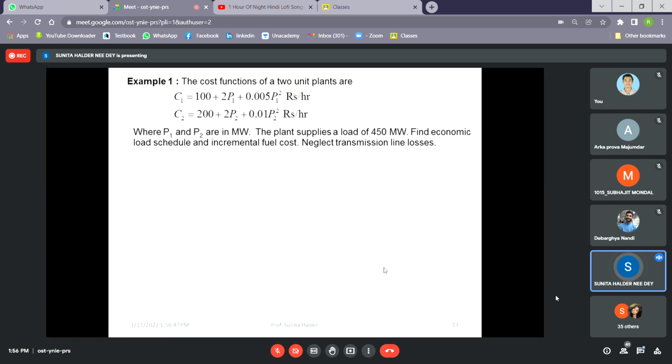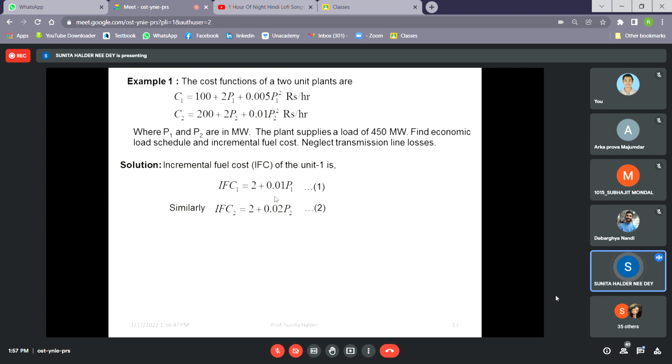Now if we go for a numerical problem, the cost functions are given and the load is given. You have to find the economic load schedule and incremental fuel cost. If you see only the solution, it is very easy. Incremental fuel costs will be equal, and the summation of P's will be equal to 450.